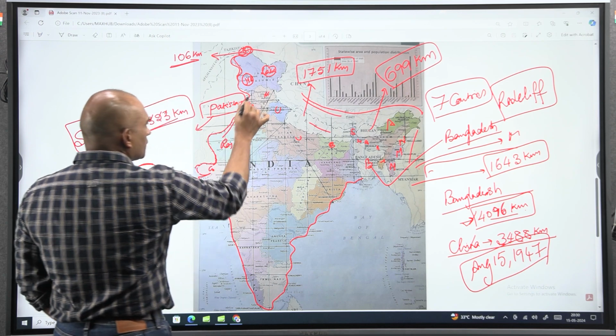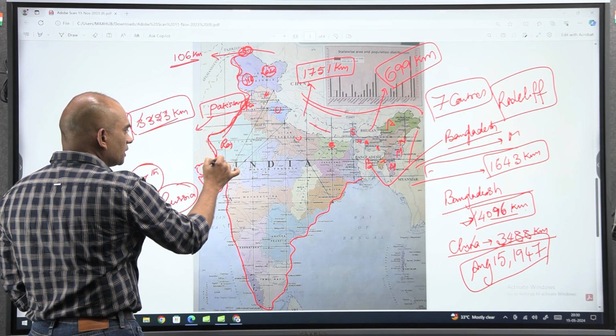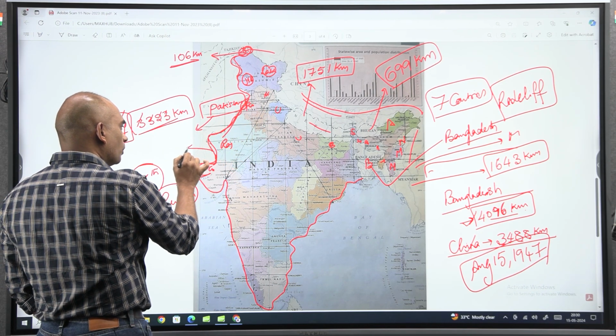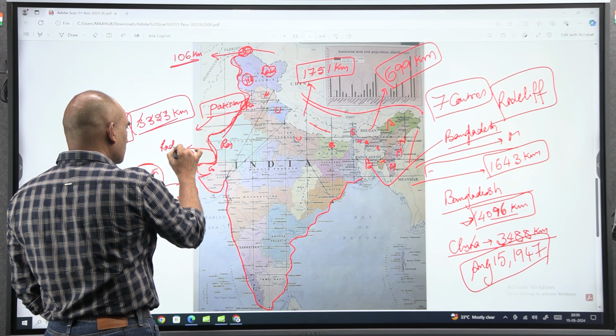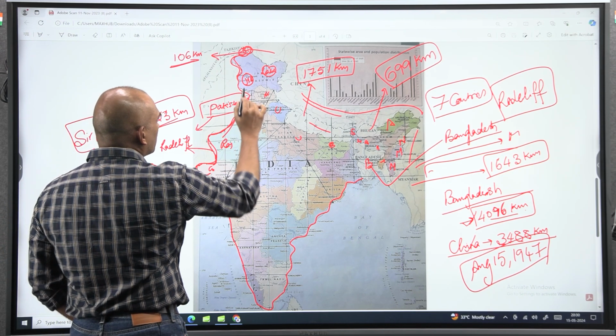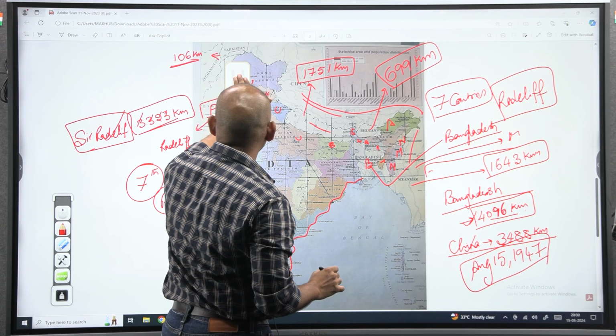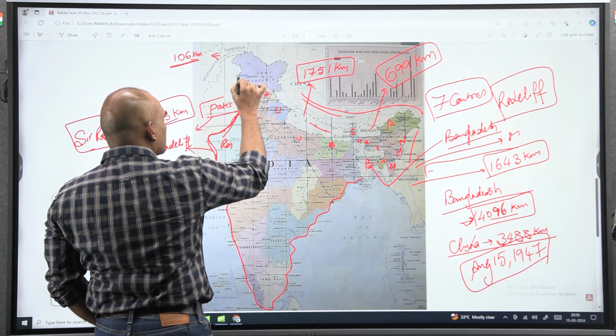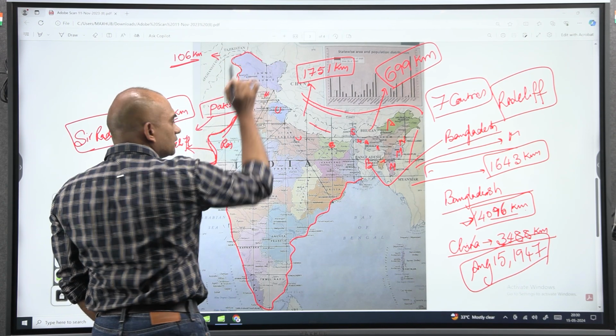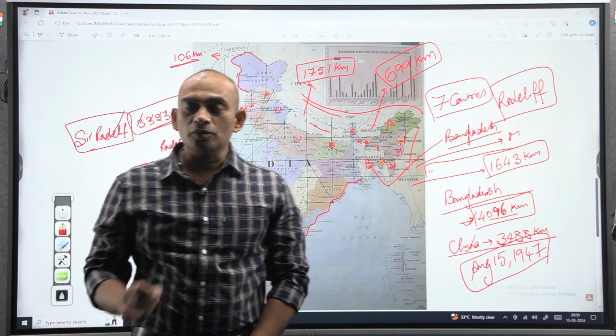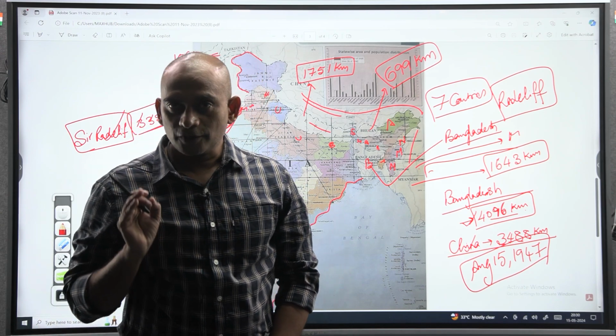So this entire boundary is the Radcliffe boundary, but particularly the Jammu and Kashmir and Ladakh sector is known as the line of control.